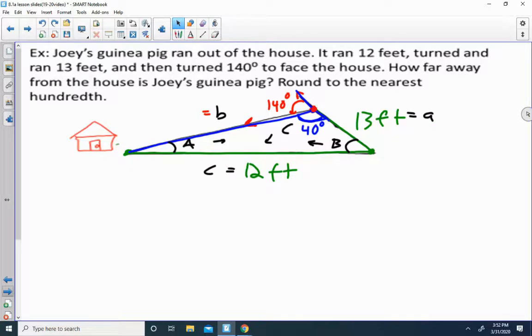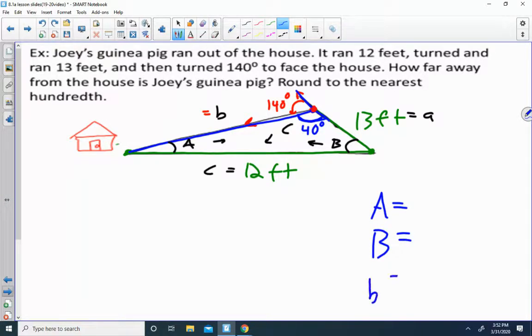All right, so you should have your answer. Real quick, you had to find big A, and then you had to find big B, and then you had to find little b. If you found big A first, you should have gotten 44.135 degrees.